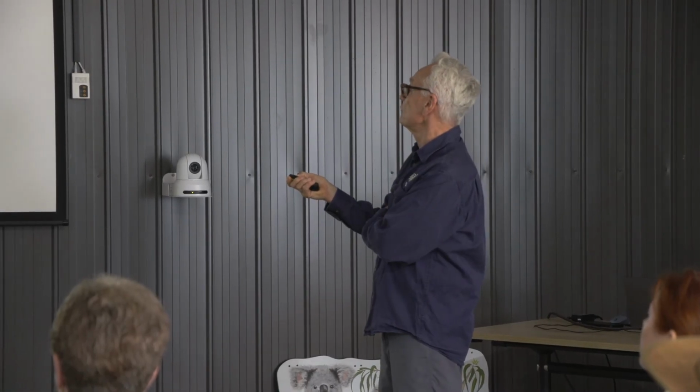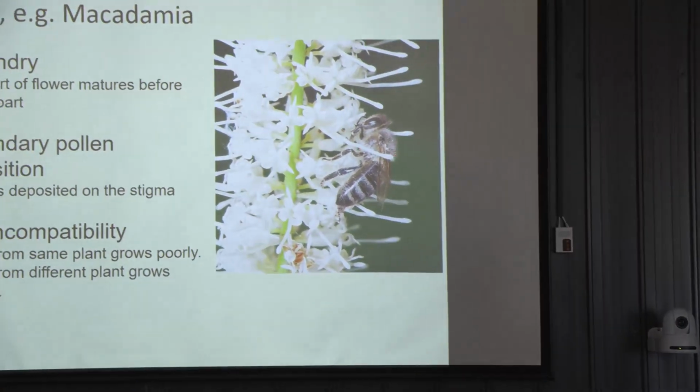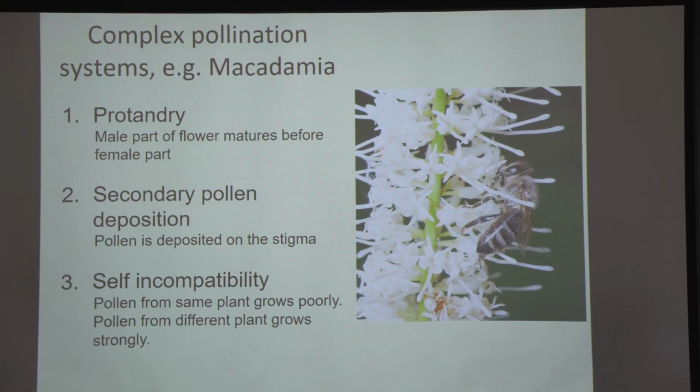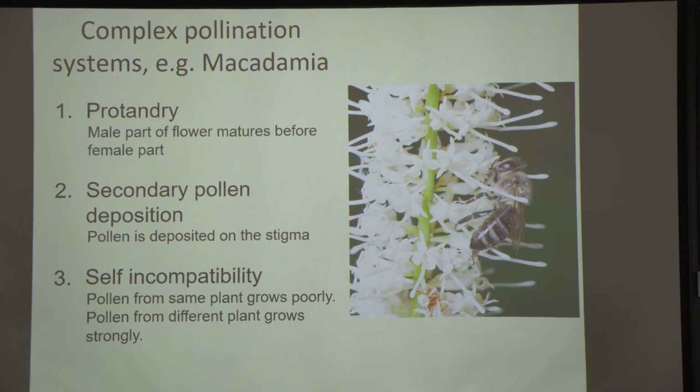So macadamia is an example. We're getting onto an example of a complex mating system now, where a few of the things we've just talked about are shown. We've got this protandry, where the male matures first. What we're looking at here are flowers with the male structure up here and the female part. Where's the female part?